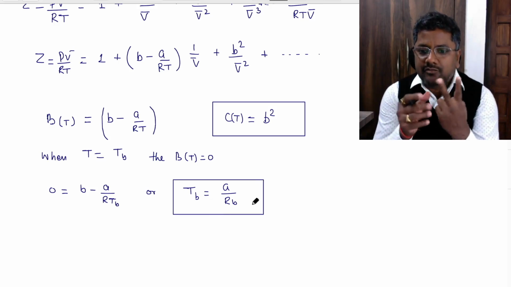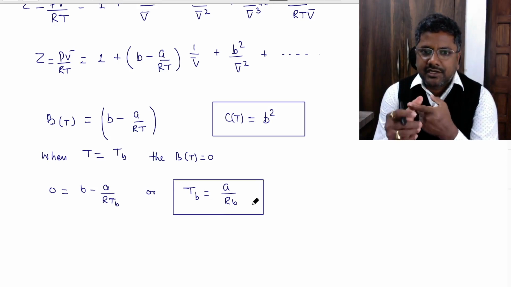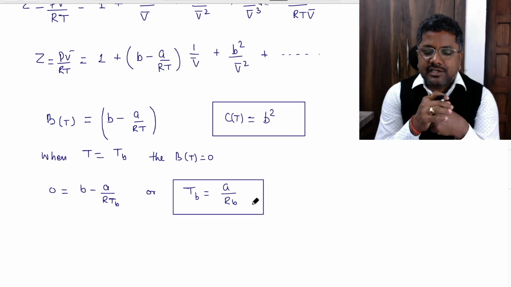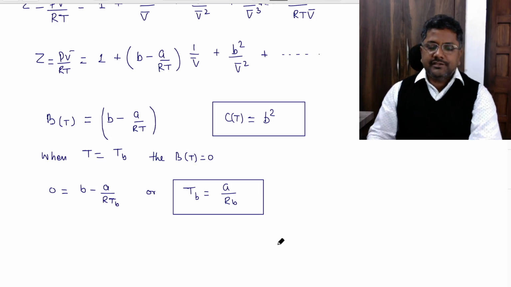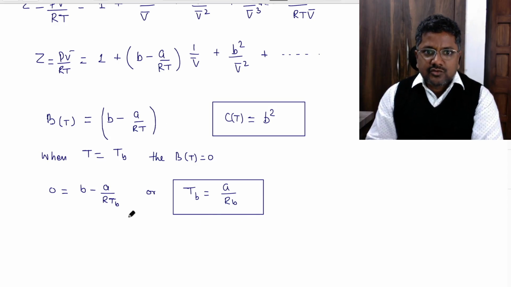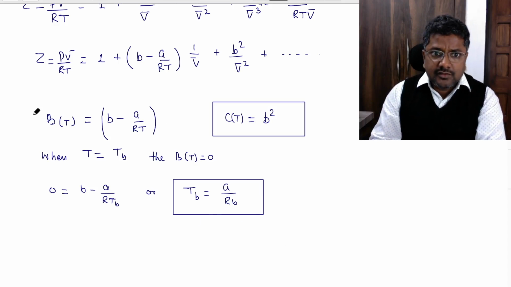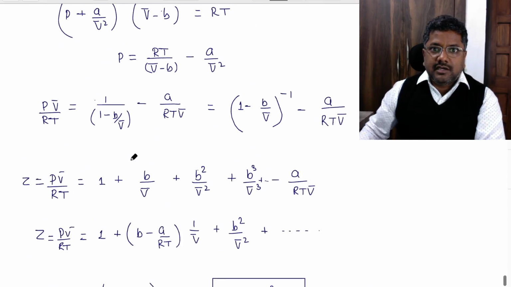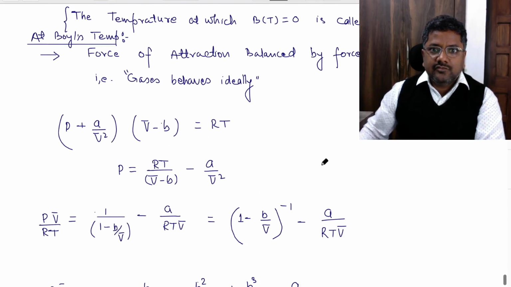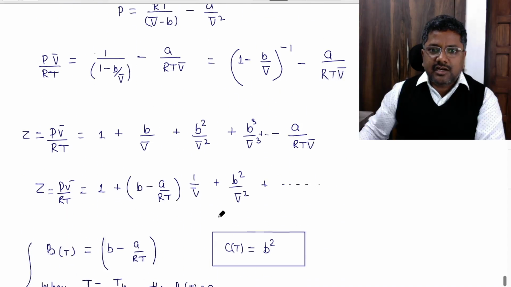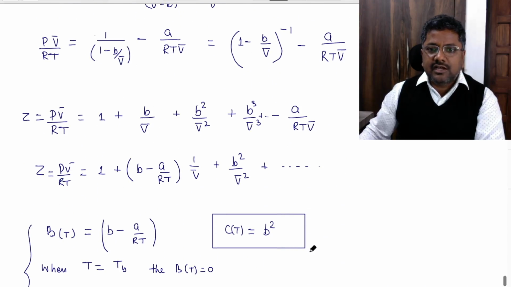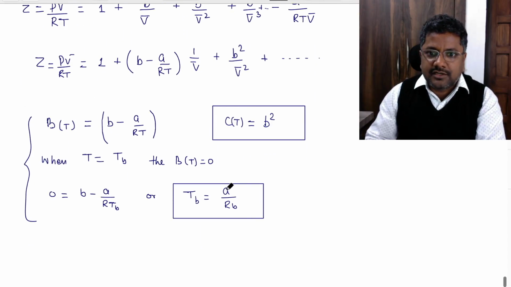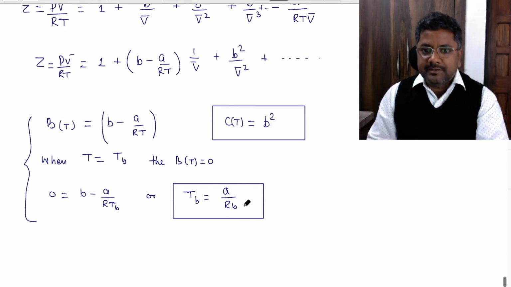So now you have two temperatures, Boyle's temperature and critical temperature. The critical temperature is 8a/27Rb and Boyle's temperature is a/Rb, right? So this is the van der Waals equation in terms of the virial gas equation, and the calculation of Boyle's temperature in terms of a and b.